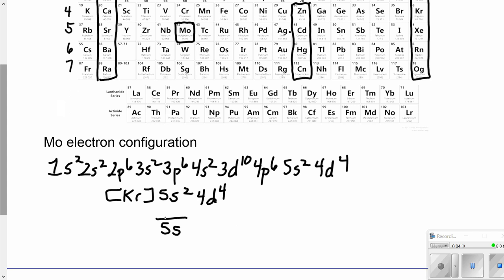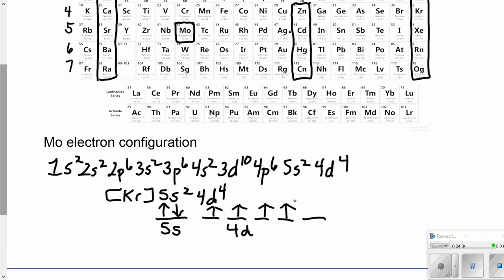Now d's come in packages of 5, and so there are 5 d orbitals in that 4th energy level. And we're going to represent those exponents, which are electrons, by arrows. The first 2 we draw, and then we put these 4 in, but according to Hund's rule, we go straight up and down.